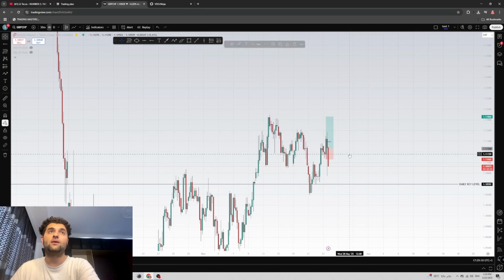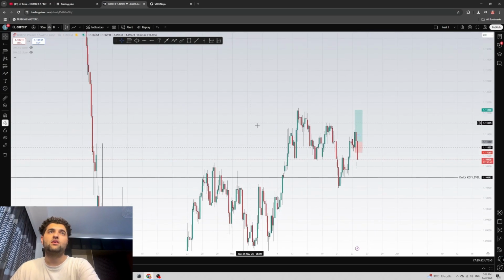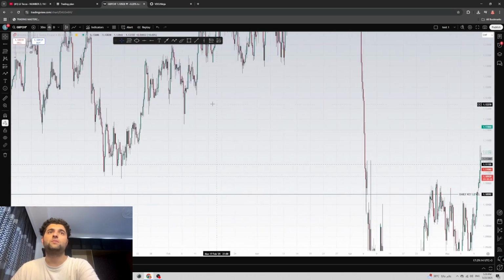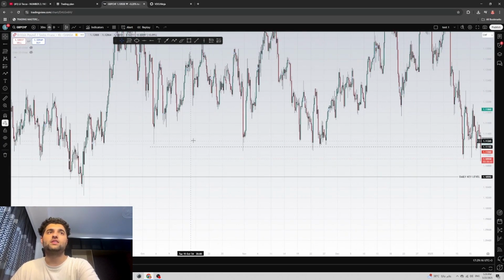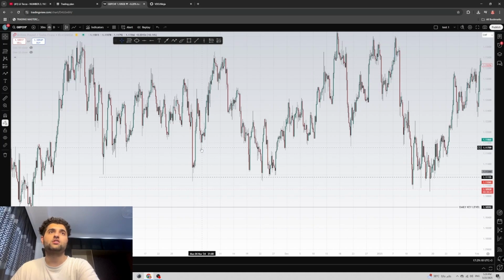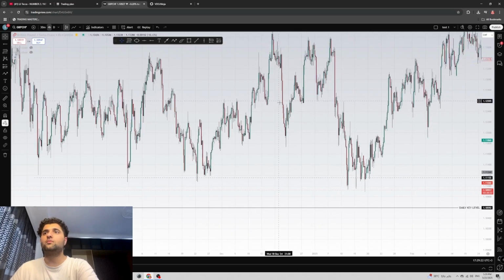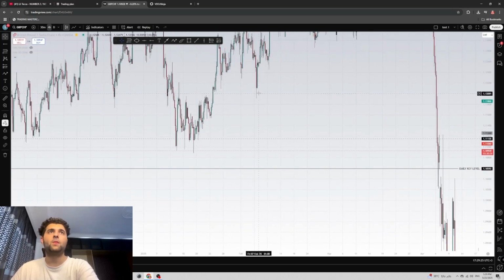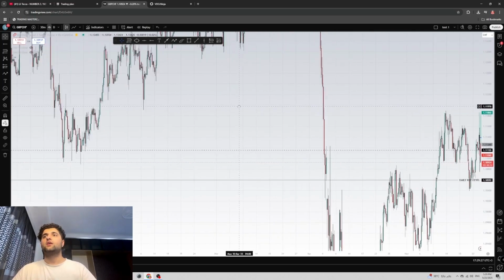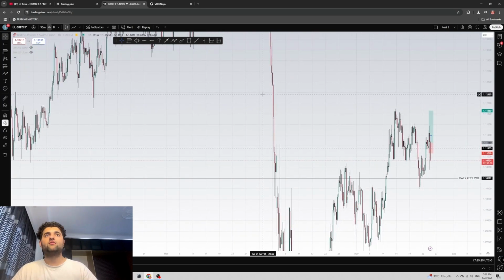So we had a confluence, since we are in a strong uptrend. For this key level, we can see major reactions from here. Price just moving up, came back to it, moving up, came back to it, over and over again. So it's kind of a strong level.